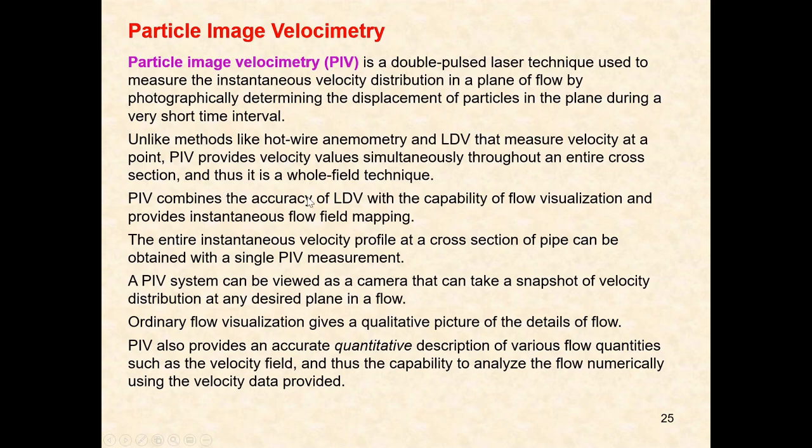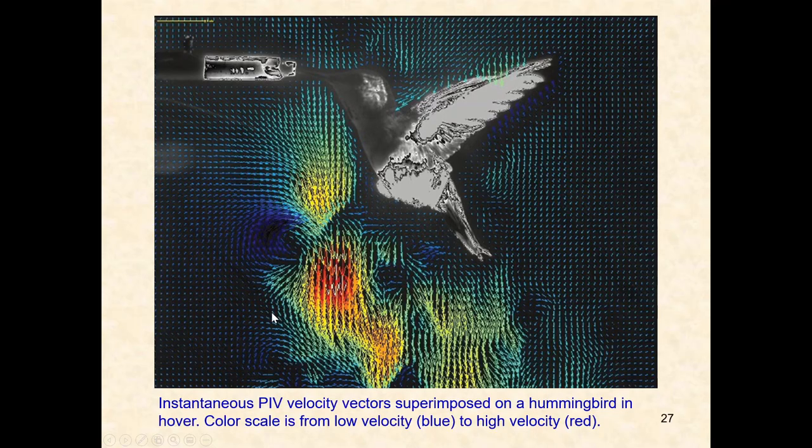PIV combines the accuracy of LDV with the capabilities of flow visualization and provides instantaneous flow field mapping. So it's a very accurate measurement technique. This powerful PIV measurement technique, you see, can measure the velocity at different locations of a cross section.